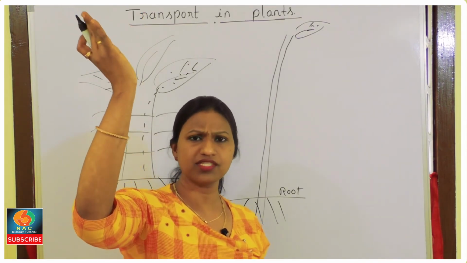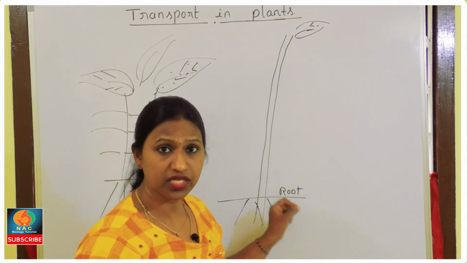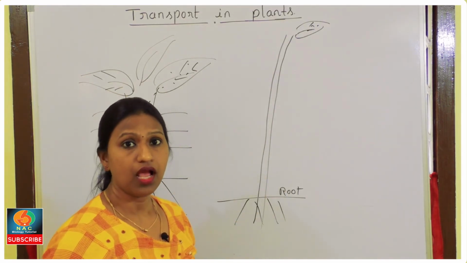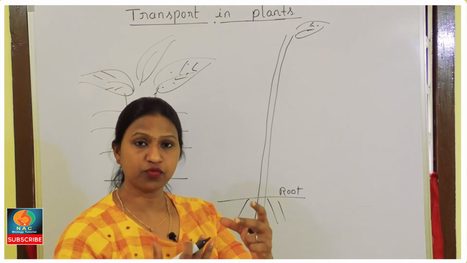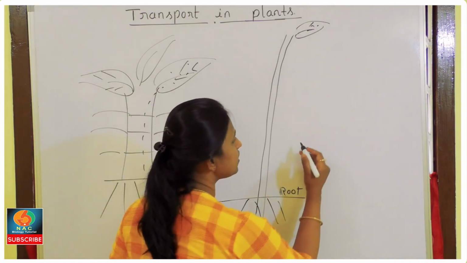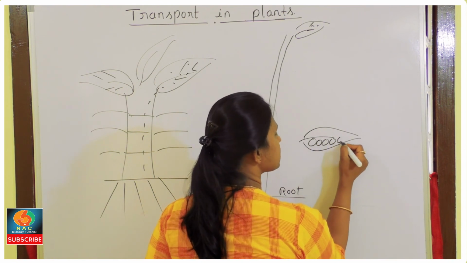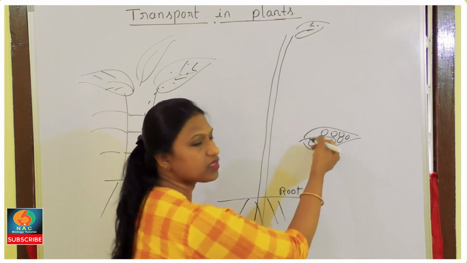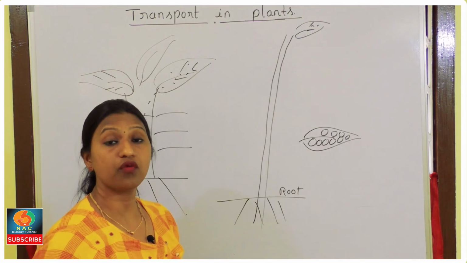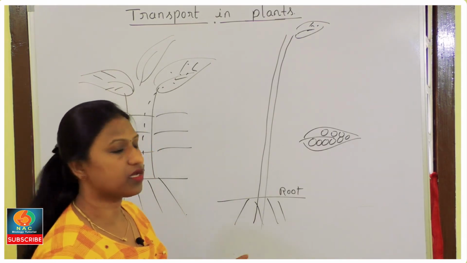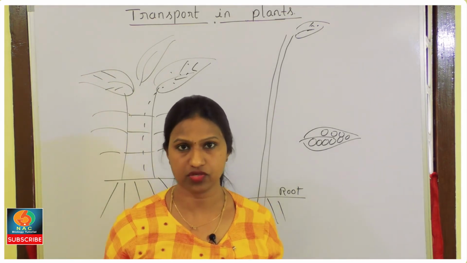It is totally difficult for any molecules to move against gravity. How is it possible? And if the process of transportation is occurring between the cells themselves, at a short distance, how is it possible? So in this chapter, we'll seek answers to all these questions.